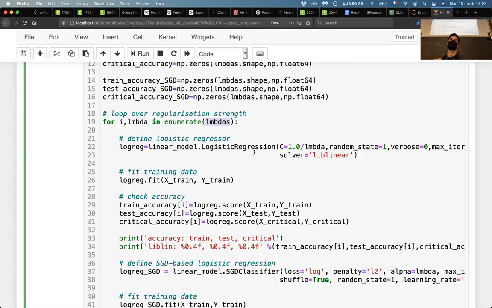We are adding a ridge penalty, okay? What we did before was ridge regression. It was a linear model plus L2 penalty. Now we are doing an L2 penalty for a logistic regression. So L2 penalty added to the cross entropy, okay? To avoid overfitting.